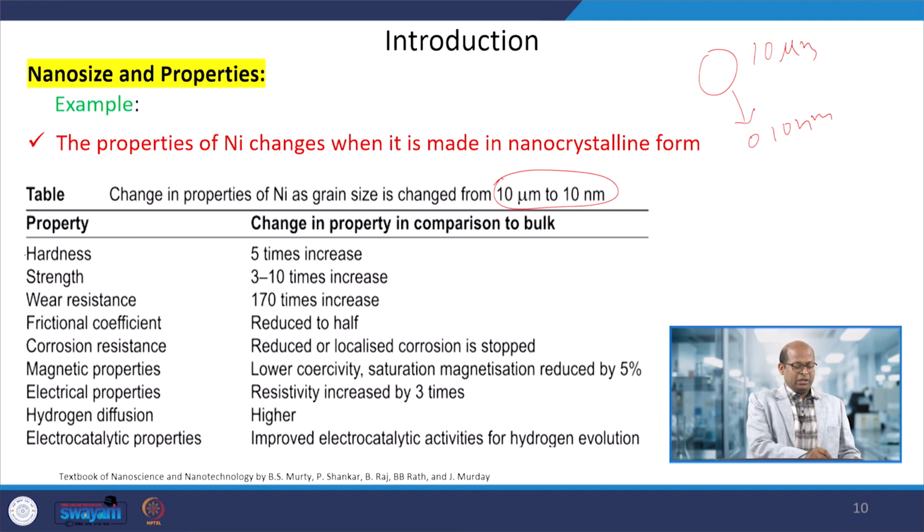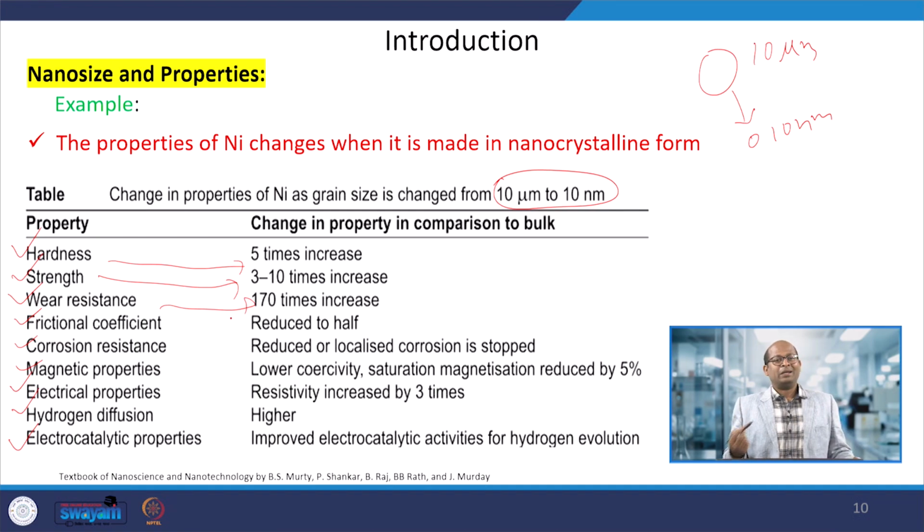Then its hardness, strength, wear resistance, frictional coefficient, corrosion resistance, magnetic properties, electrical properties, hydrogen diffusion, electrocatalytic property, everything will change. Hardness would increase 5 times, strength 3 to 10 times, and wear resistance 170 times if we convert bulk materials to nanocrystalline materials.